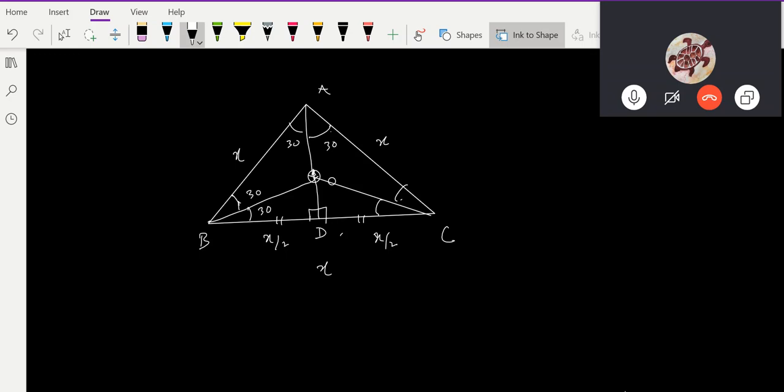How can we find out the length of AD? Look at triangle ABC, right angle triangle, right?